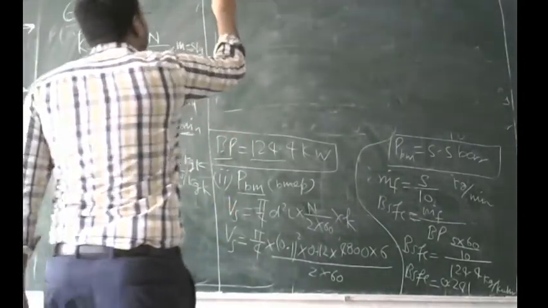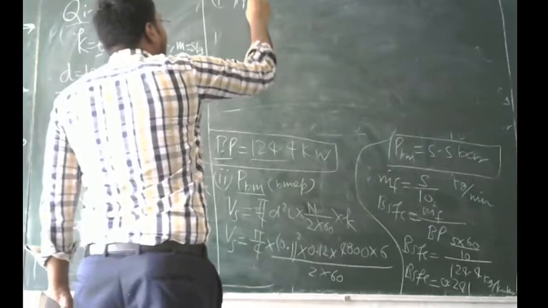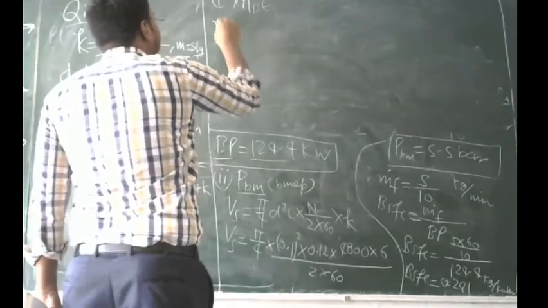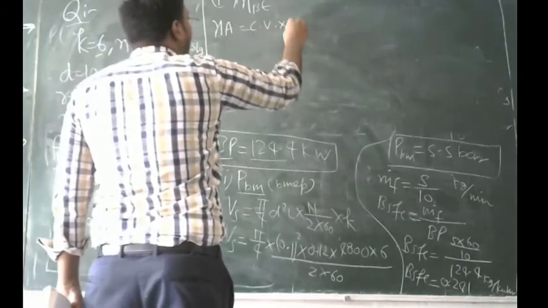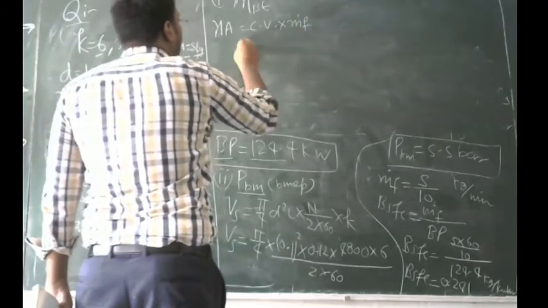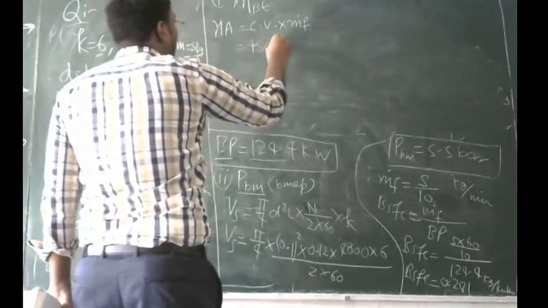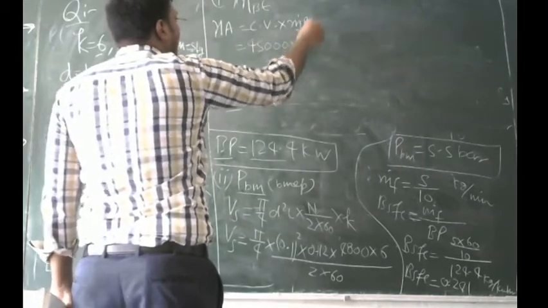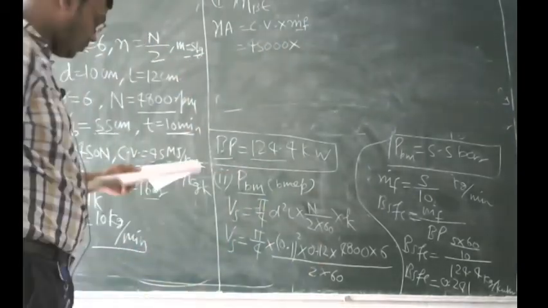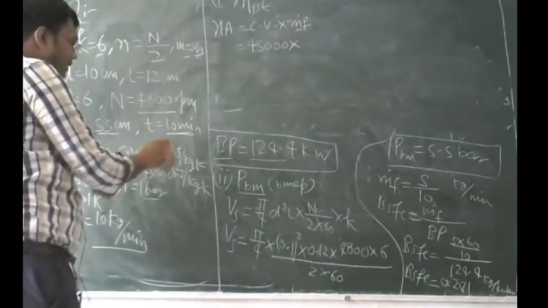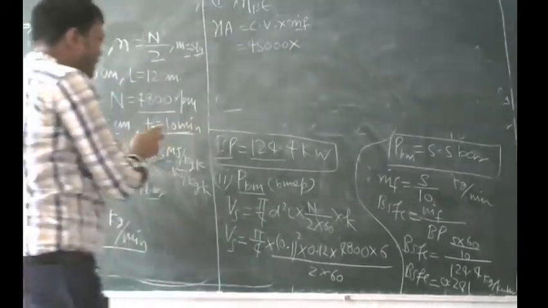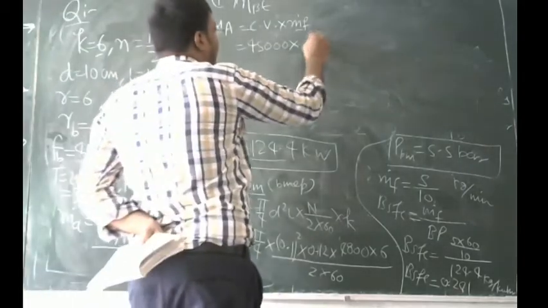We know heat addition is equal to calorific value into mass flow rate of fuel. The calorific value given in the question is 45,000, and the mass flow rate of fuel is 5 kg for 10 minutes, which we have calculated as 5 by 10.